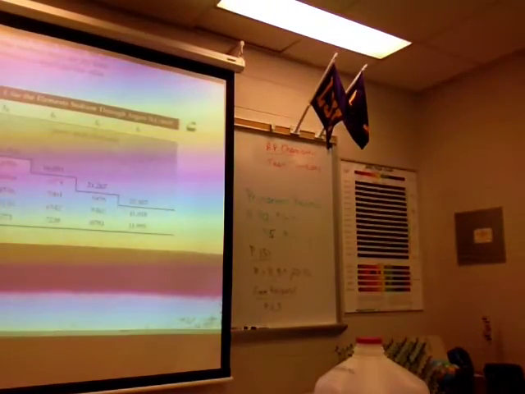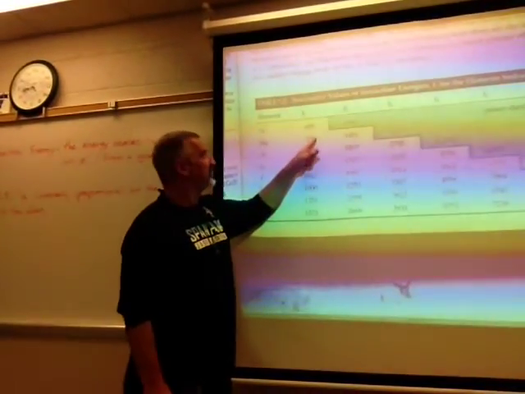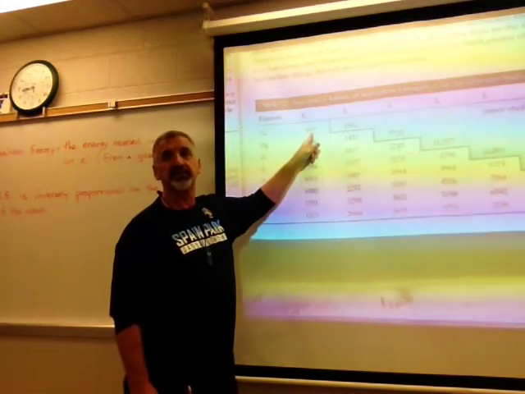This is talking about successive ionization energies. So when we're looking right up here at sodium, it takes 495 kilojoules to remove the first electron from sodium.